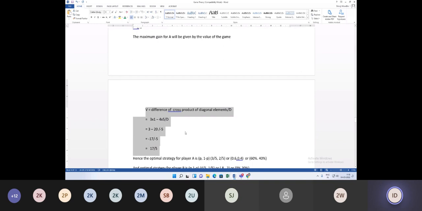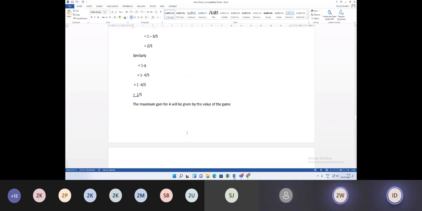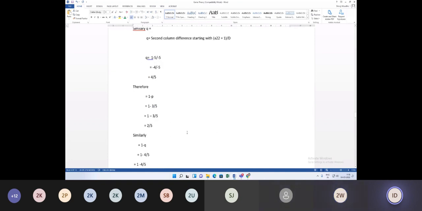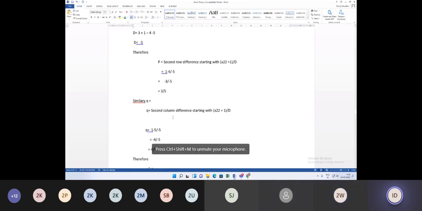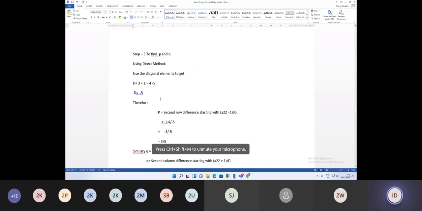Are you with me? Yes, sir. Okay, now here the calculation of this P and Q is important, and how we calculate it by using the diagonal elements. First of all, the D is calculated by using diagonal elements. Just I repeat.